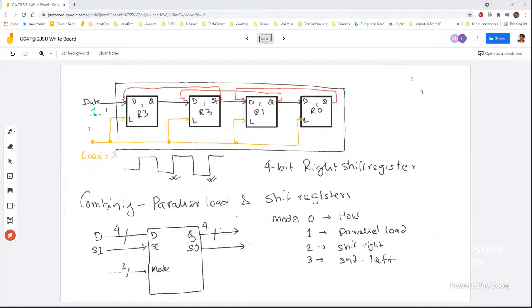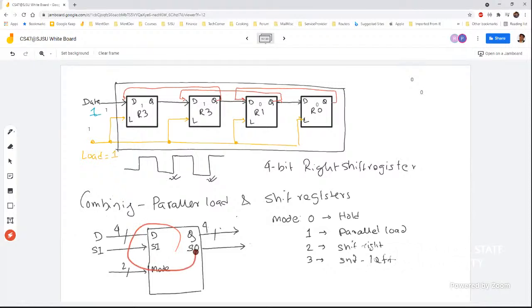If you look at the sequential multiplier, you need a kind of parallel load, because you need to load the multiplicand and multiplier in parallel, and then you need to shift. So basically you need a combined register. Right, that makes sense.